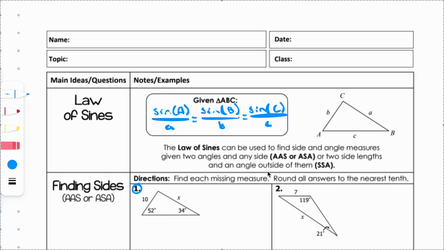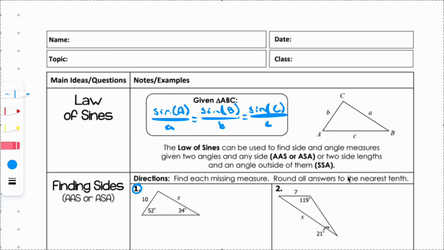It doesn't matter. And that's also just because when we have two angles, we know that all three angles within a triangle sum to 180, so we can solve for that third angle. We can also use it when we have SSA.